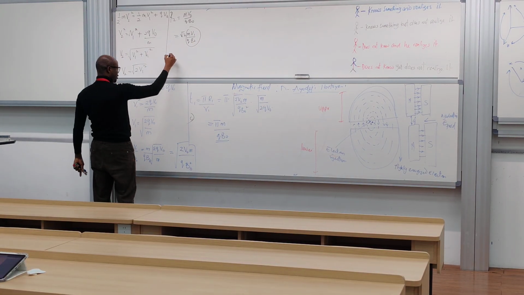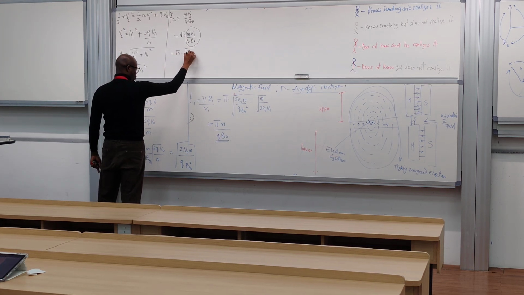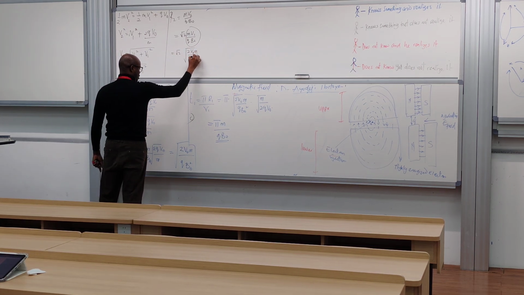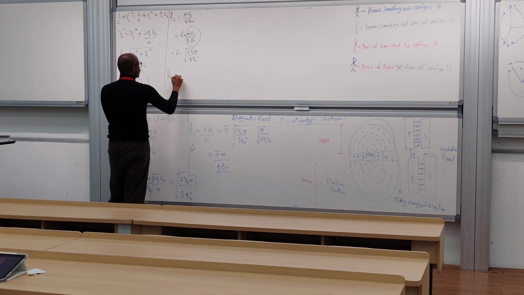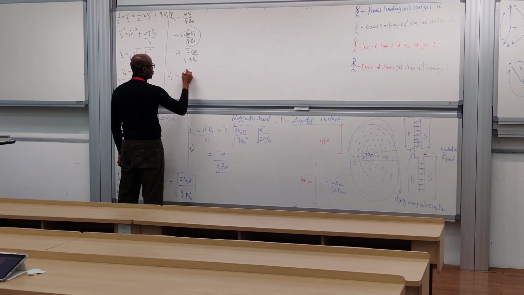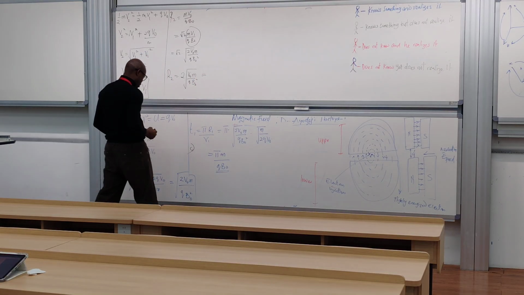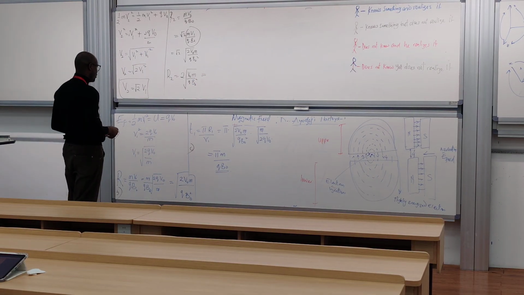So that becomes what? That becomes root 2 times 2 v naught m over q v naught squared. Then R2, root 2 times root 2 is what? 2 v naught m over q v naught squared. And yeah, right?